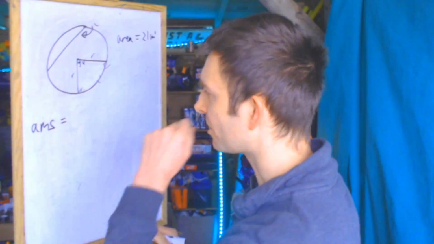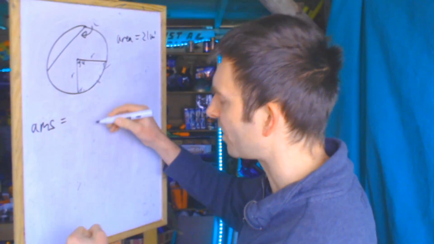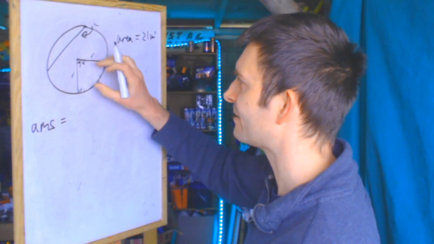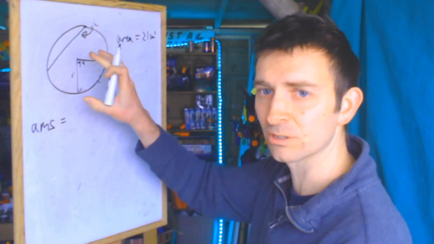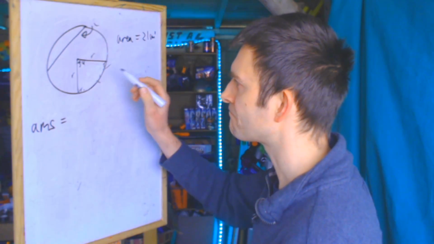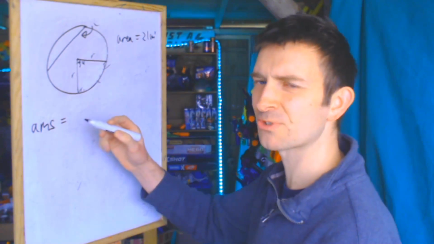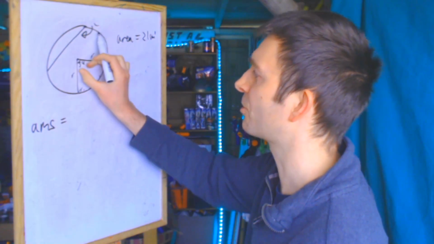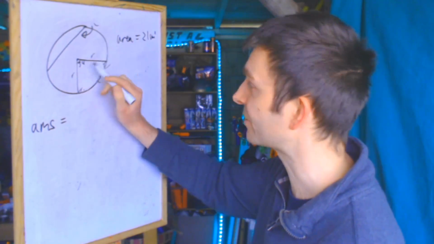What did we say that was? Well, we've got the whole circle, and the area of this is going to be the whole area of the circle minus the major sector, or we could also say it's going to be the area of the circle, but only the proportion of that area that's in here.